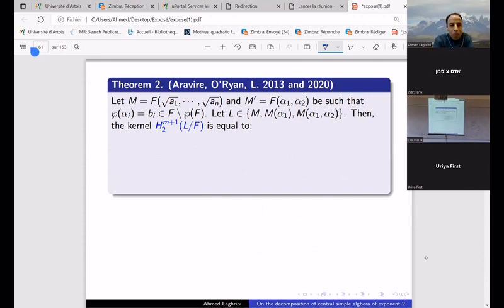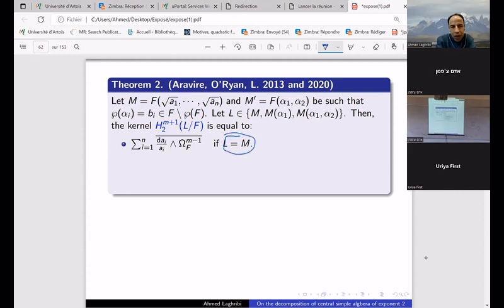I take M a multi-quadratic purely inseparable extension, and M' a biquadratic separable extension, and this biquadratic is given like this: P of alpha_i is b_i, as you see. Now I take my field L_1, which could be M, or M(alpha), or M(alpha_1, alpha_2). The kernel for each of these three fields is given as follows.